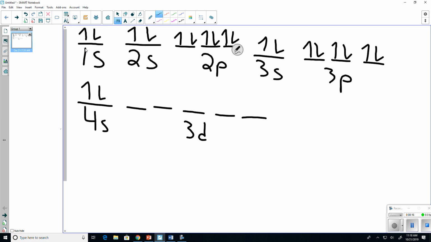It's the 8th element. Now remember, how we fill is with individual ups first: 1, 2, 3, 4, 5. Now we double up and flip the spin: 6, 7, 8. This is the orbital notation for nickel.